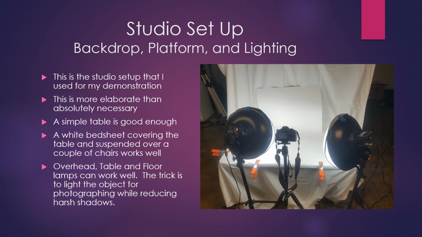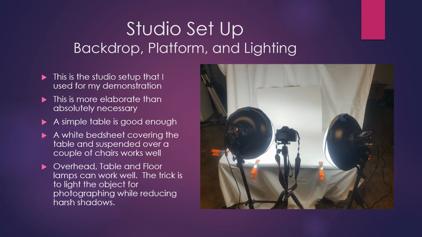In this case, I also added a piece of white poster board, which was able to give me a smoother substrate to rotate my model on. As far as lighting goes, overhead, table, and floor lamps work fine. In this case, I'm using diffuse lamps.